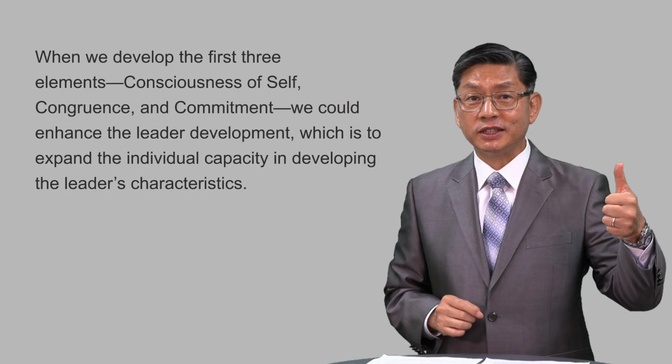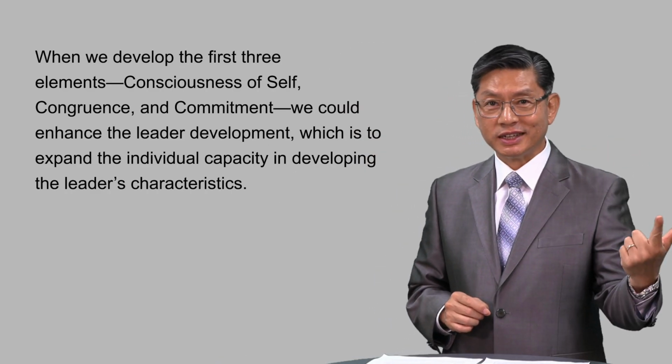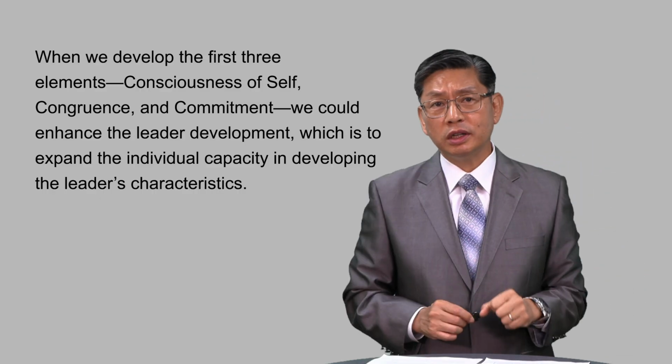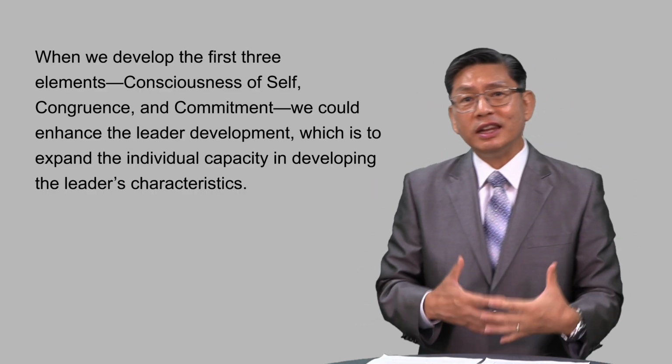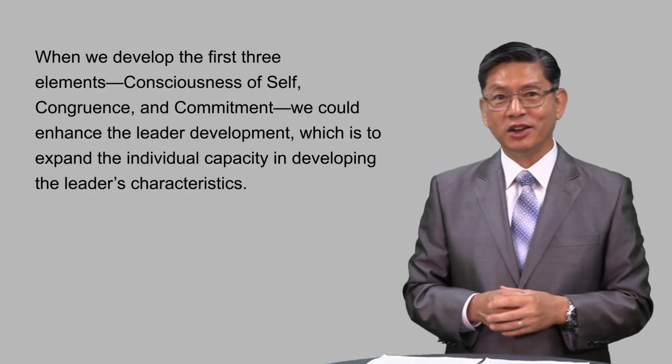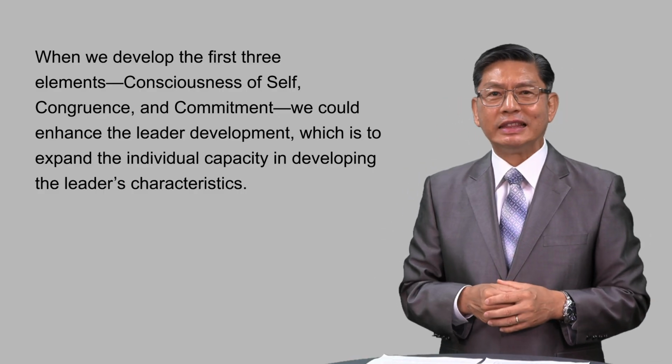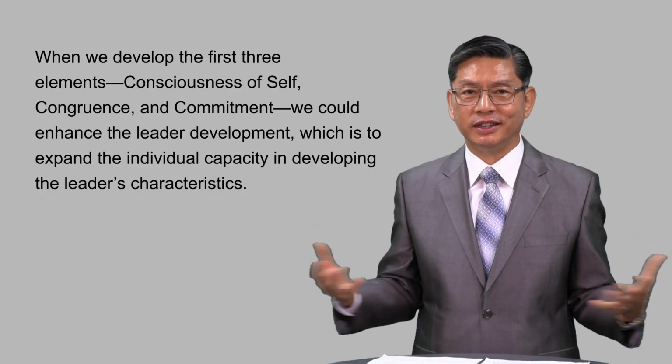So when we develop the first three elements, remember that out of the 7 C's, consciousness of self, congruence, and commitment, these three would enhance leader development, which is to expand the individual capacity in developing the leader's characteristics.